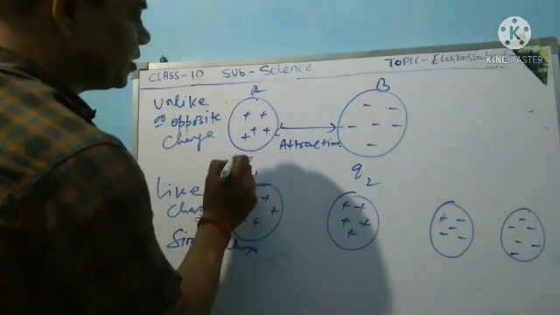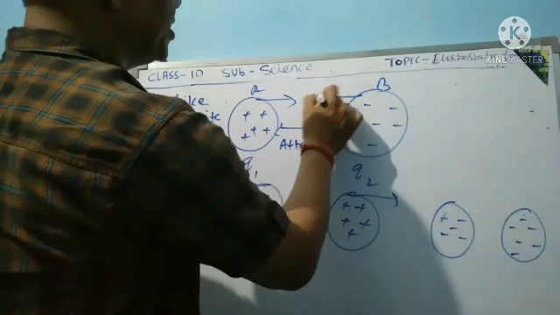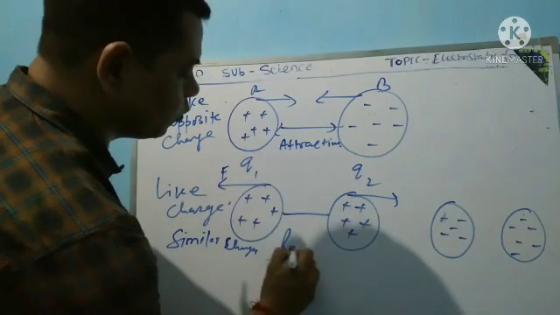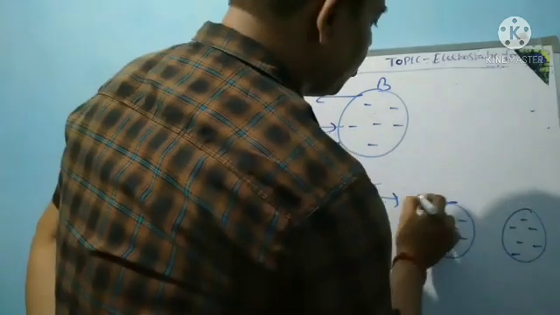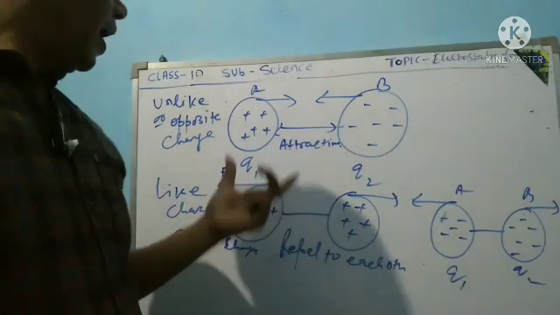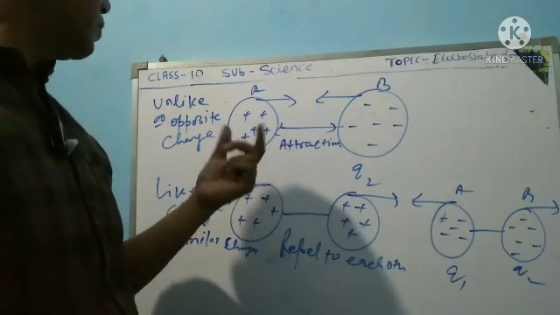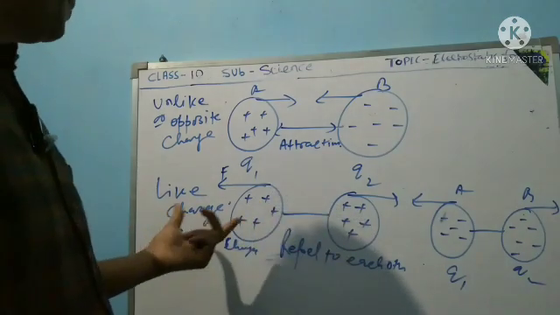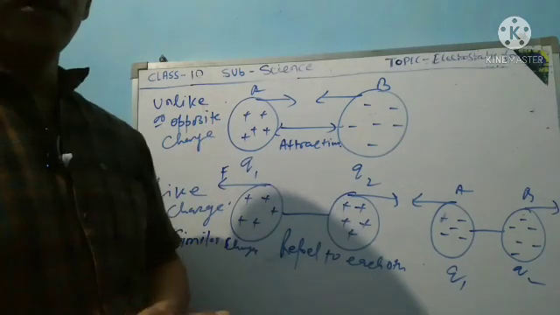Force is applied in these directions: unlike charges attract each other, and similar charges repel each other. A, B, Q1 and Q2: similar charges repel each other, and unlike charges attract each other.